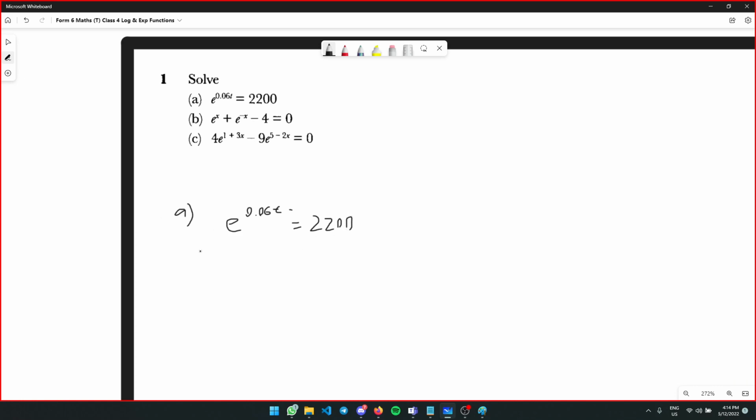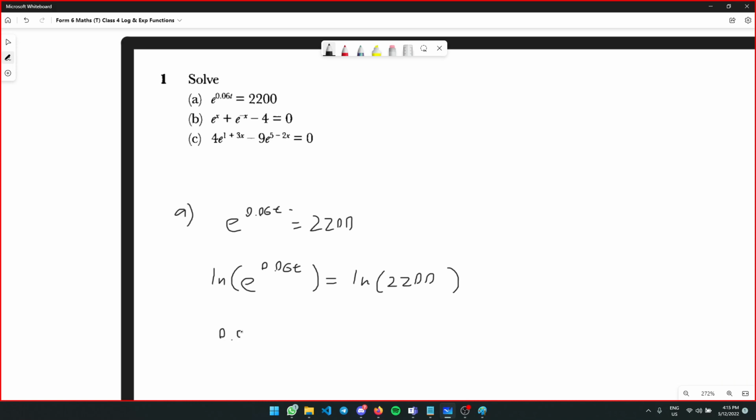Just now, like I mentioned, you can remove this e here by taking the natural log. So 0.06t equals ln 2200. And you know that any exponent, any power that you have on a base here, you can just take it out.